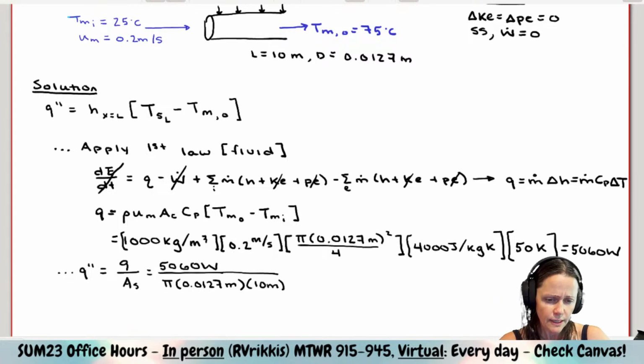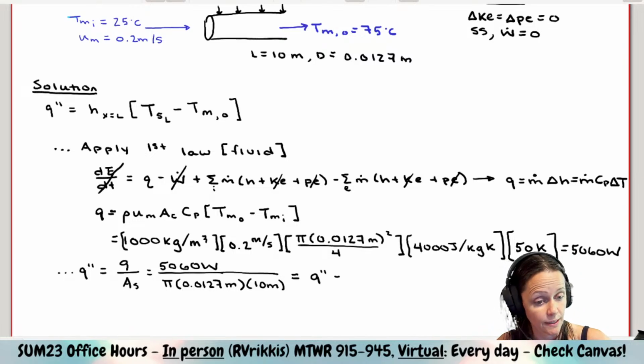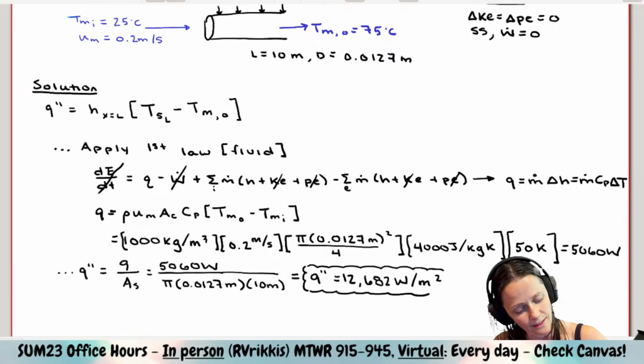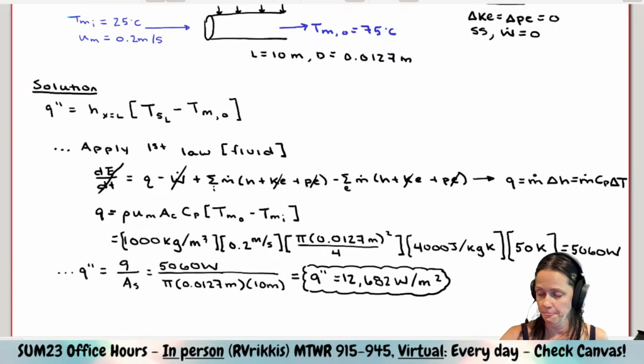Perfect. So I've got a Q double prime, rewrite that so I can box it, of 12,682, and it's watts per meter squared. So I'll put a happy little bubble around there. There we go. Happy little cloud.